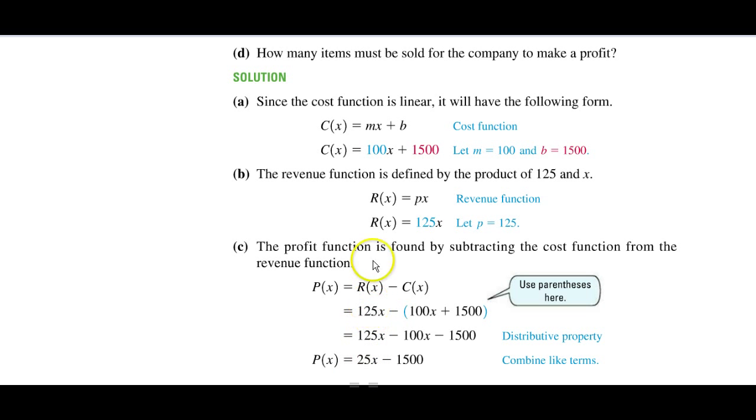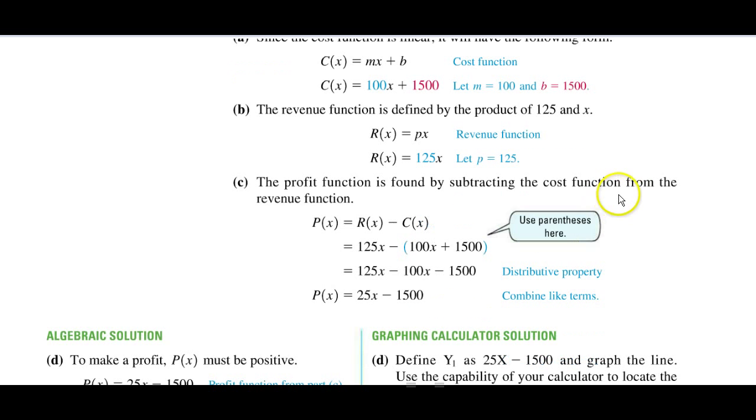So look at it this way. If it costs $100 to make every item and you sell it for $125, there's a $25 profit on every item. But you still have to overcome your overall cost of machinery. So once you get enough money generated here and you subtract 1,500 from it, you are finally going to make a profit.